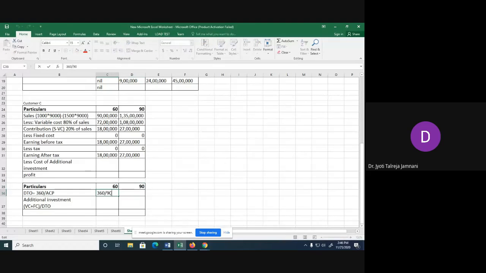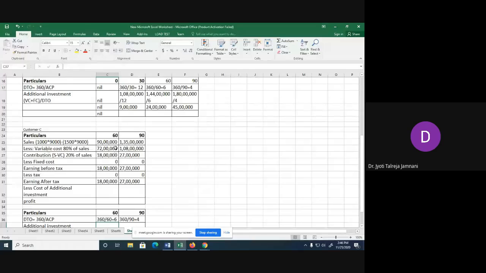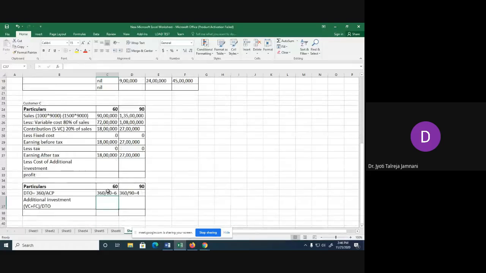So 360 divided by 60, you get 6 times. And 360 divided by 90, you get 4 times. Now cost is only the variable cost in the problem. That is 72 lakh divided by 6 times, the debtors turnover ratio.